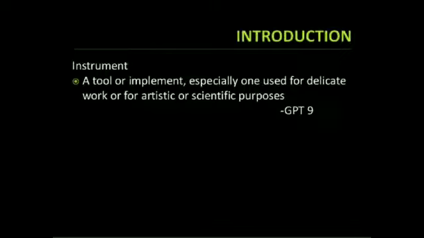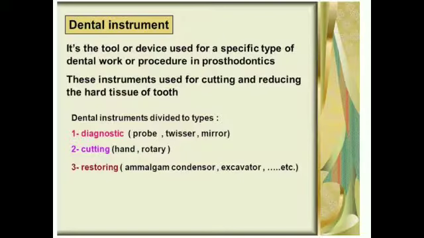Coming to the instruments, an instrument is a tool or implement, especially one used for delicate work or for artistic and scientific purposes. Dental instruments are tools or devices used for specific types of dental work, produced in prosthodontics. Those instruments are used for cutting and reducing the hardness of the teeth.